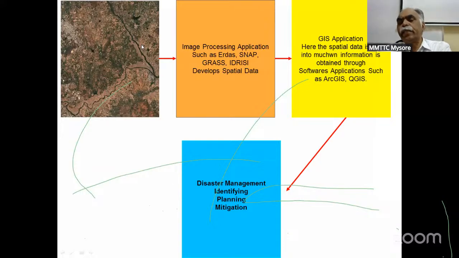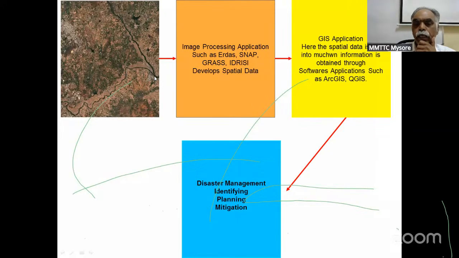It is the satellite data. This is a satellite image of our Mysore. This is Chamundi Hill. Can you see the movement of my cursor? This is Chamundi Hill, and this is the city, and this is the Kaveri River, and this is Kabini.